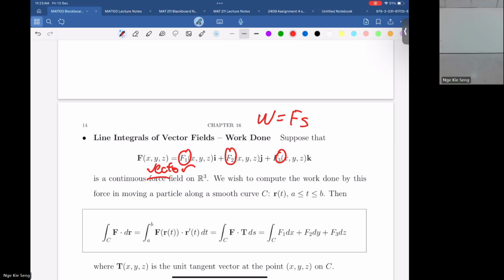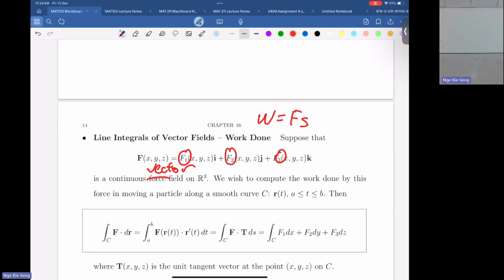And how do we compute this work done? Let's call our curve C and parameterize it by r(t). We integrate over C with respect to dr, and similar to what we had just now, you will get a contribution of r prime t dt.